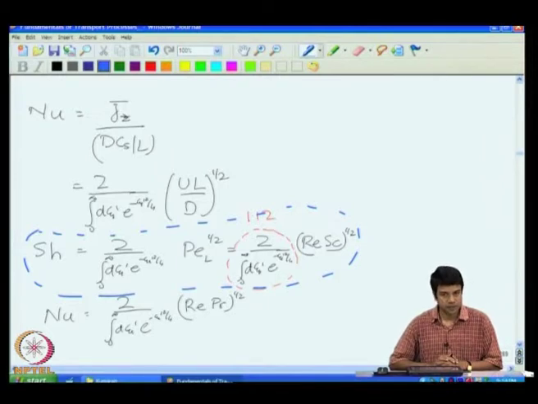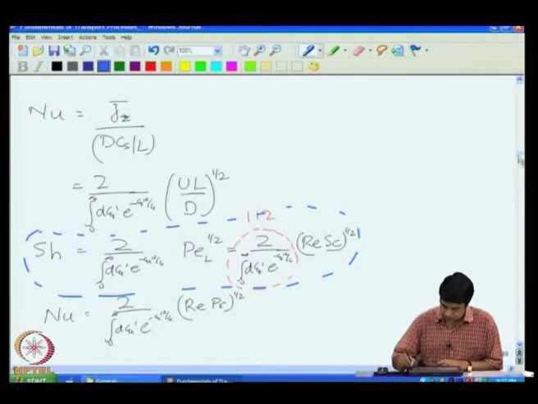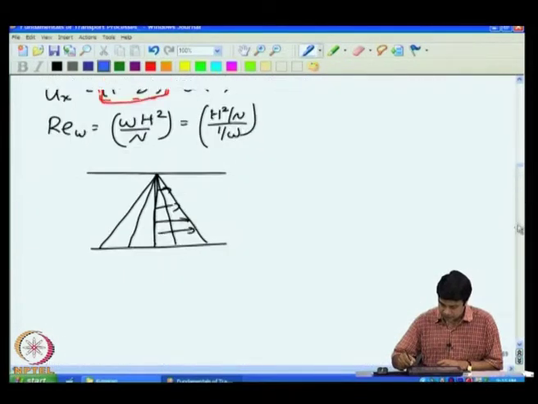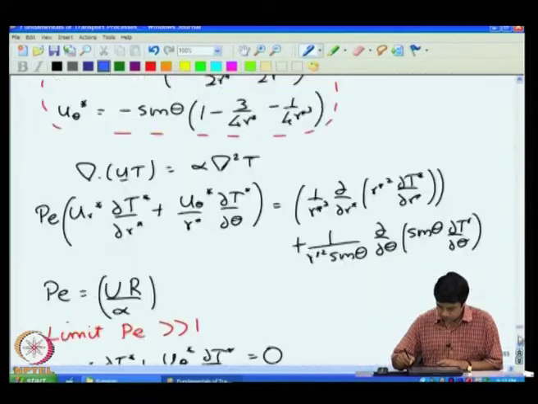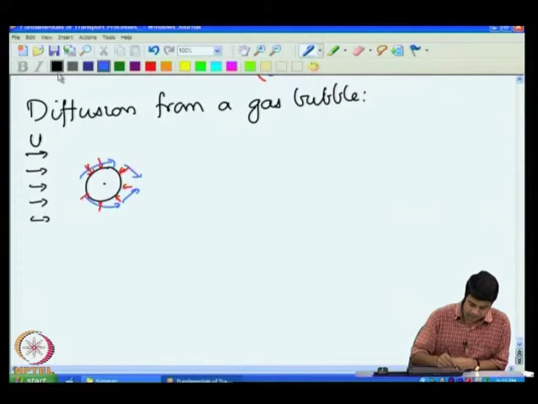This once again is a common feature of all flows where there is slip at the surface, where the tangential velocity at the surface is non-zero. And we will see that that is the solution that you get even for the case where we have flow past a gas bubble. So, let us look at this problem.